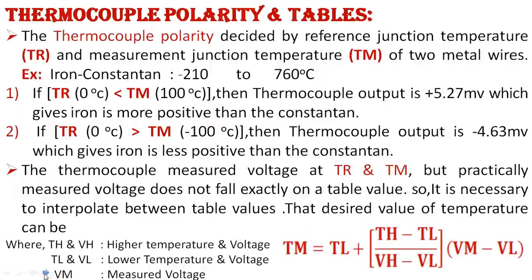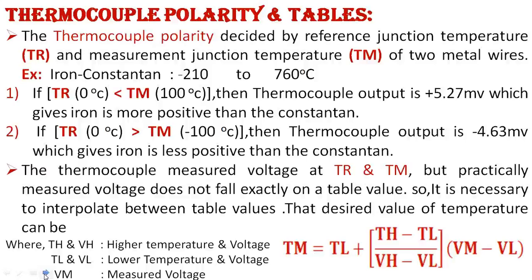The next concept is thermocouple polarity and tables. The thermocouple polarity is decided by the reference junction temperature TR and measurement temperature TM of the two metal wires. The example range is minus 210 to 760 degrees Celsius.